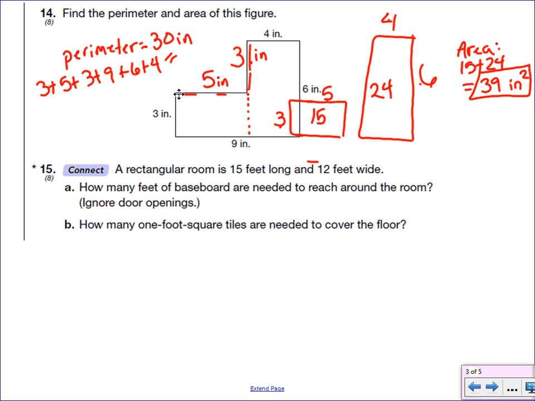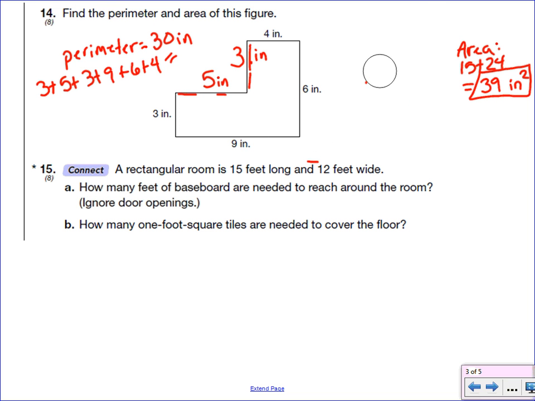Now, if you would have done it the other way, split the rectangle a different way, you should have gotten the same answer. So if I instead split the rectangle this way, then this rectangle right here would be 3 times 9 is 27 inches squared.